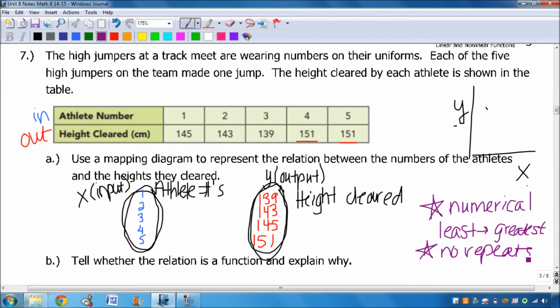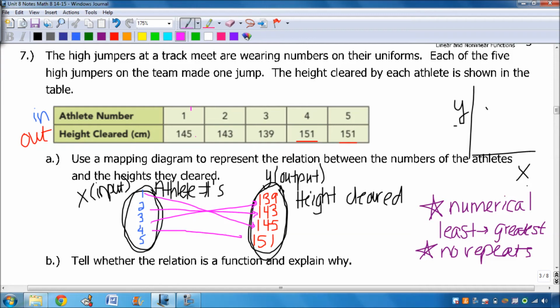And then all we have to do now is just draw arrows to match everybody up with what they got. So athlete number 1 had a height of 145, so I'm going to draw an arrow from 1 to 145. Athlete 2 got a height of 143, so that's what that arrow looks like. All right. Athlete 3 will go to 139.